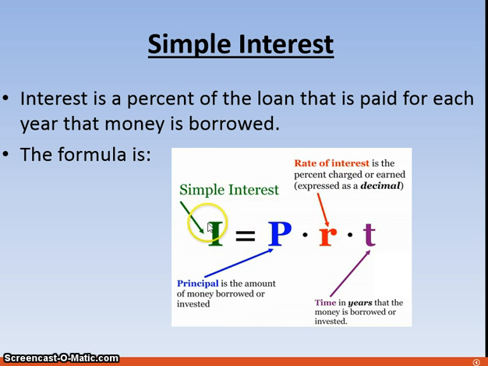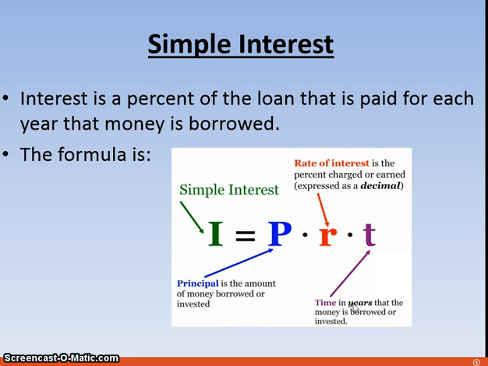So simple interest, which is the I, is equal to principal, which is the amount of money you borrow or invest, you've heard that in your dailies, times the rate of interest, which is a percent, so we know that we are going to be using a decimal, times the time that we're borrowing the money, and notice that the time must be measured in years.